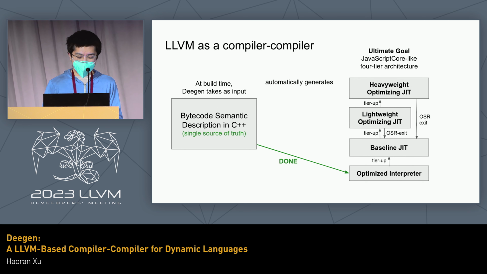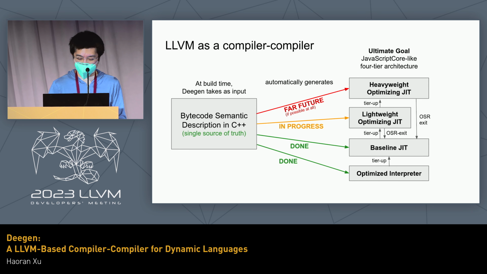Statically, at build time, we use LLVM to automatically transform the execution semantics of the language into an architecture similar to the state-of-the-art VMs. Now we have done the optimized interpreter and the baseline JIT part, and I'm in the process of implementing the optimizing JIT part.